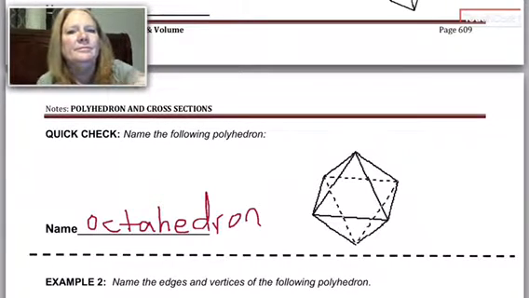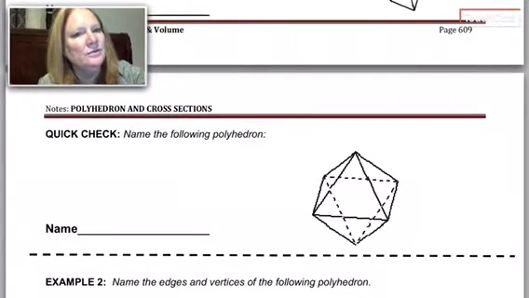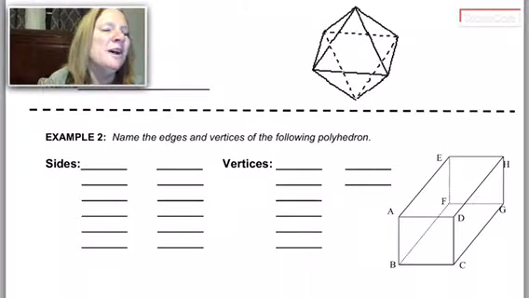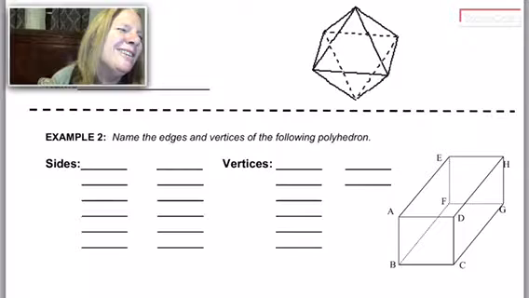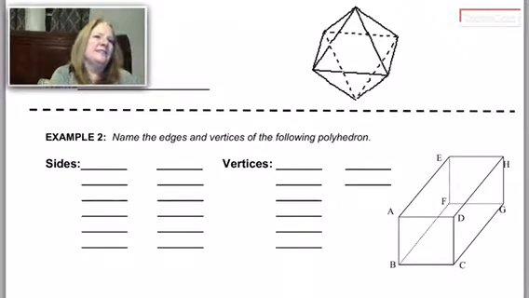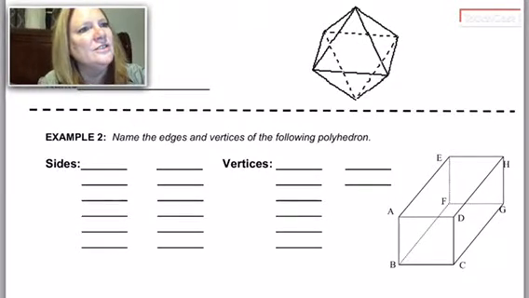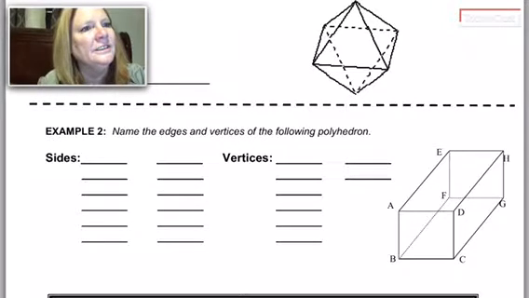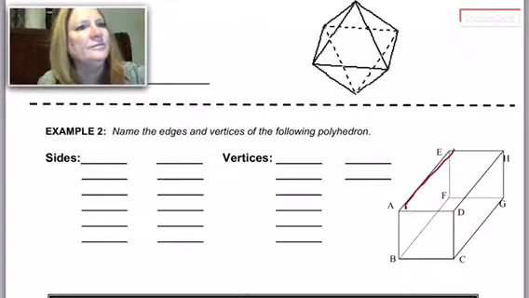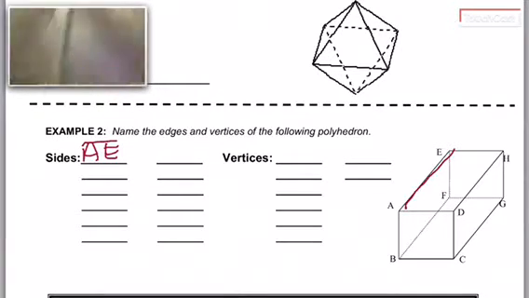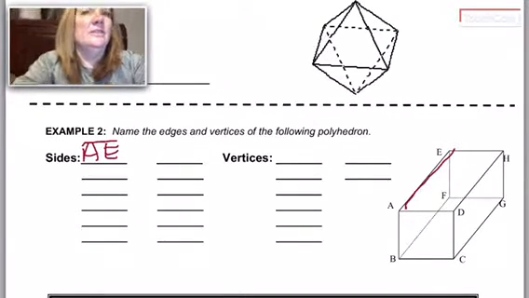Okay. So in example 2, they ask us to name the edges and vertices of the following polyhedron. First, I'm going to count the faces. It has 6 faces, so that's a hexahedron. And the edges, or the sides, are these line segments. So we have AE. Sorry about that.